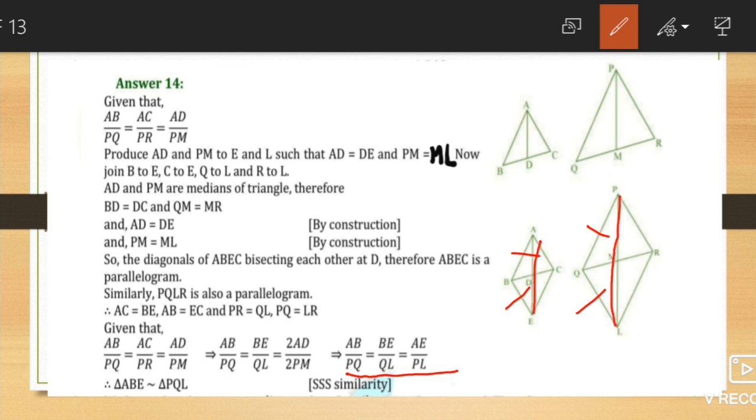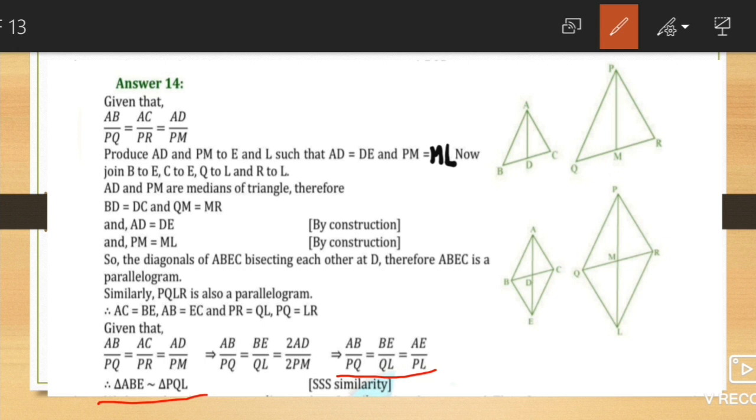That means if you consider the triangles ABE and PQL, the corresponding sides of these two triangles are in the same ratio. So you can say that triangle ABE is similar to triangle PQL.